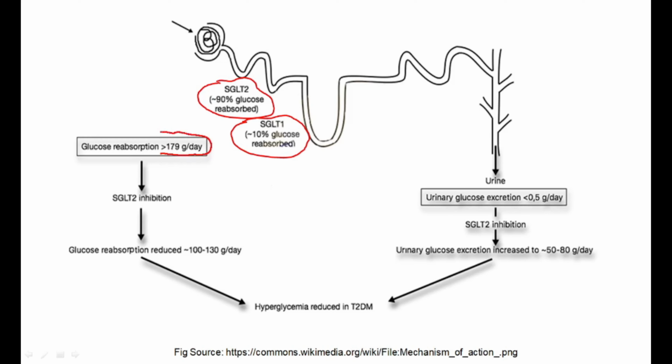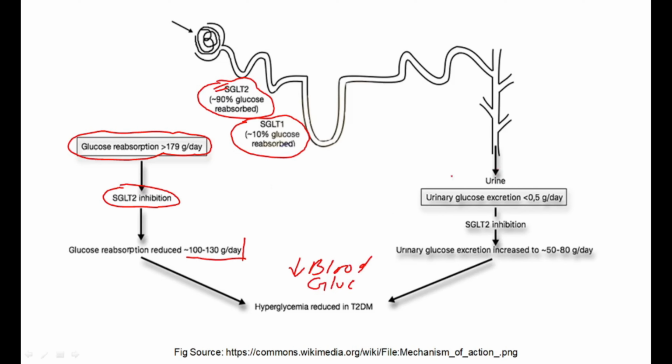Whenever we give an SGLT2 inhibitor, it causes SGLT2 inhibition and glucose reabsorption is reduced to 100 to 130 gram per day, because it is mainly acting on SGLT2. Therefore the majority of the glucose is not able to be reabsorbed and is eliminated through urine, and as a result the blood glucose level is reduced.